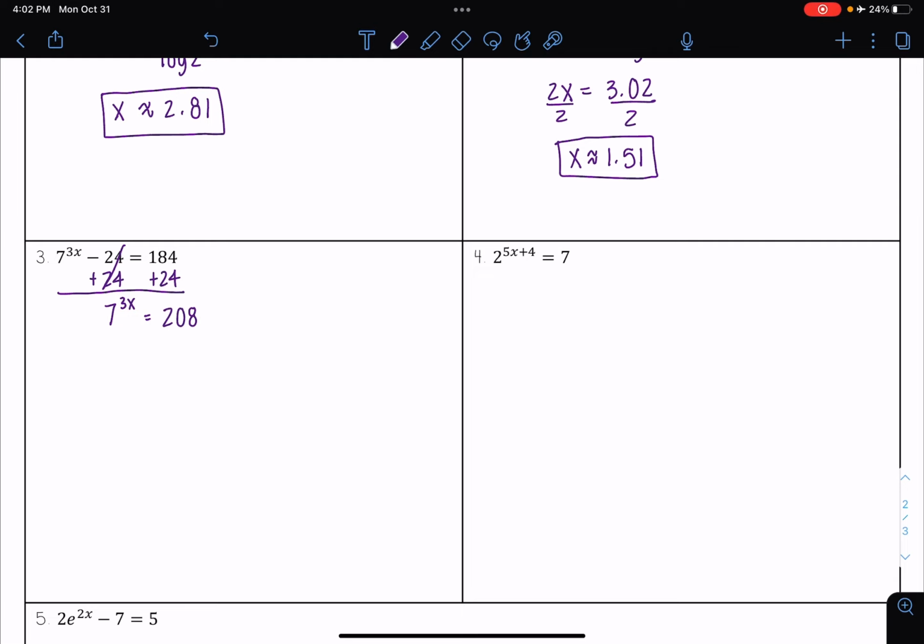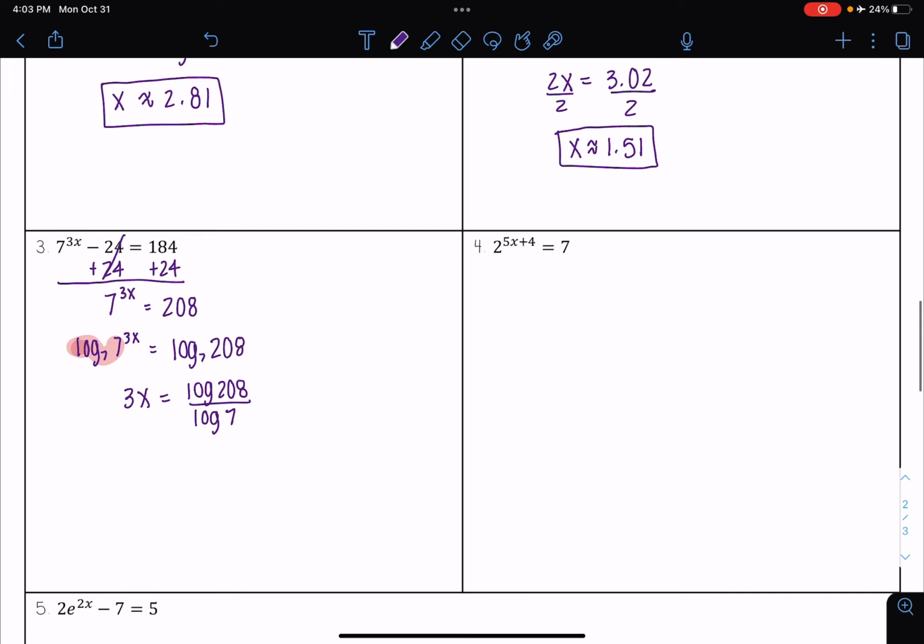And now I need to take the log of both sides. Here my base is 7, so I'm going to take log base 7. Log base 7 of 7 to the 3x is equal to log base 7 of 208. My log base 7 of 7 cancels out, so I'm left with just that exponent. So I have 3x is equal to, and then use my change of base formula here, log of 208 over log of 7.